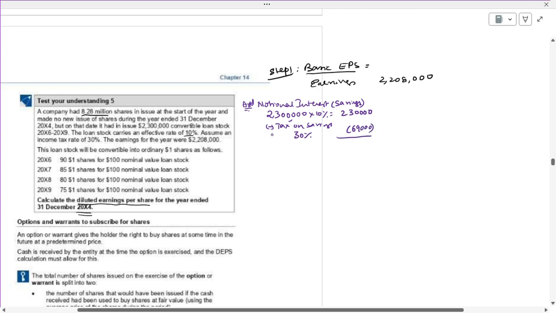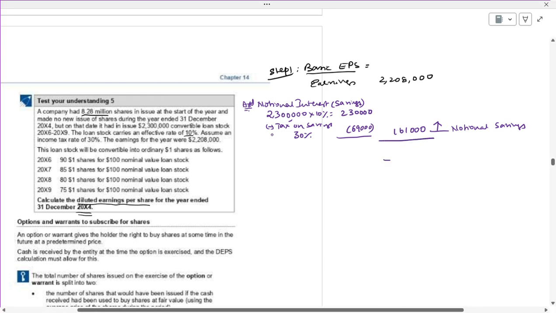This much you have to pay on the saving, so 230 minus 69 comes to 161. Your earnings will be increased by 161. This is nothing but the notional saving.